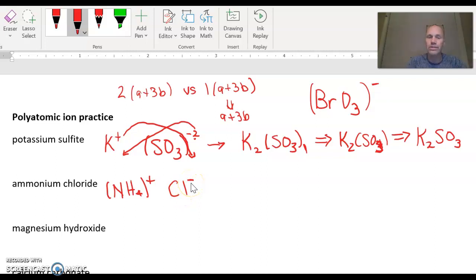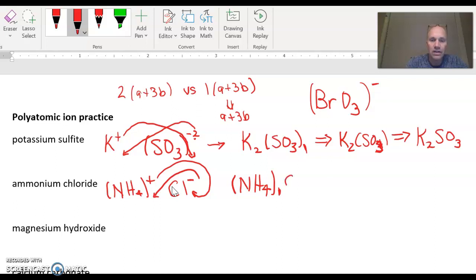But we're going to do this the same way. We take the number here, and we're going to put it down there. We take whatever the number is here, and we're going to put it after the second one. Let's leave the parentheses in for now. NH4, parenthesis, and the number that goes down here comes from there, that's going to be a 1.